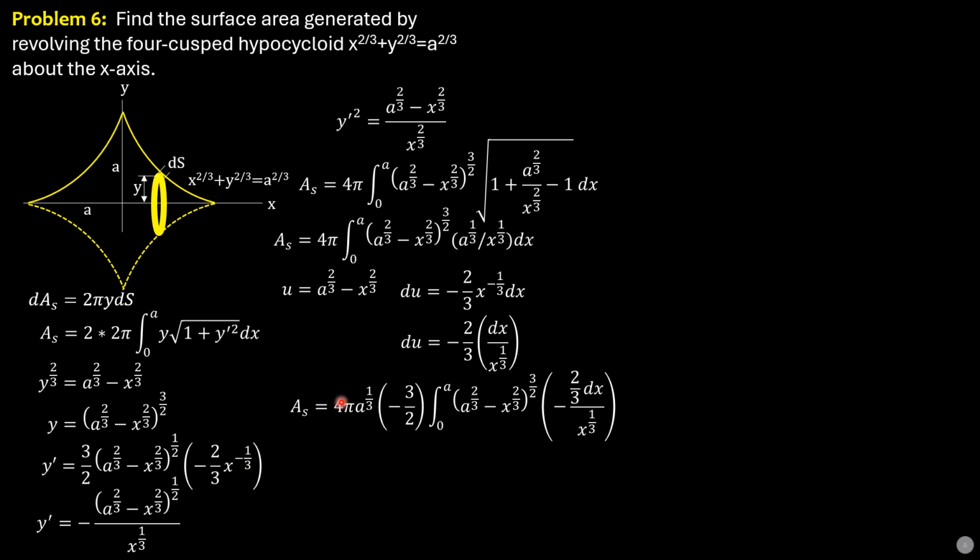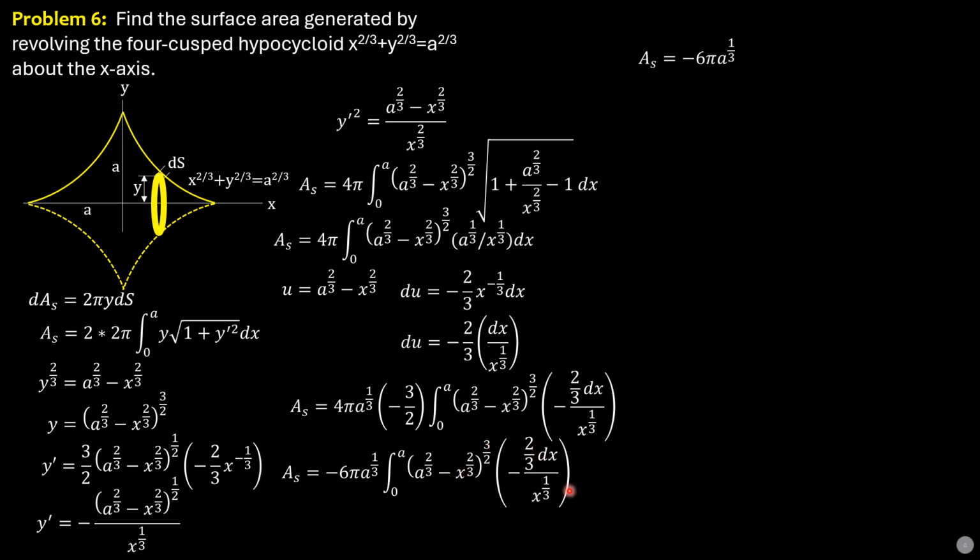So this is negative 6 pi a to the 1/3, then times the integral of this, which is quantity a to the 2/3 minus x to the 2/3 raised to 5 halves. We first set up it in this manner. So that is now in the form u to the 3 halves, integral of u to the 3 halves du.